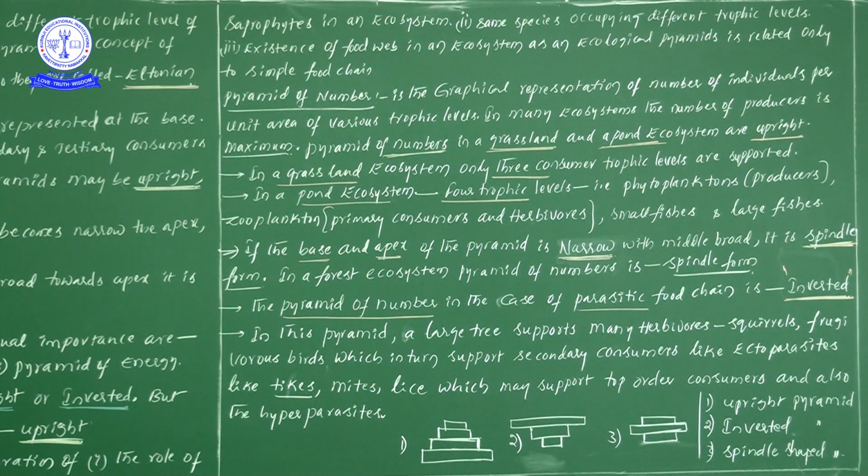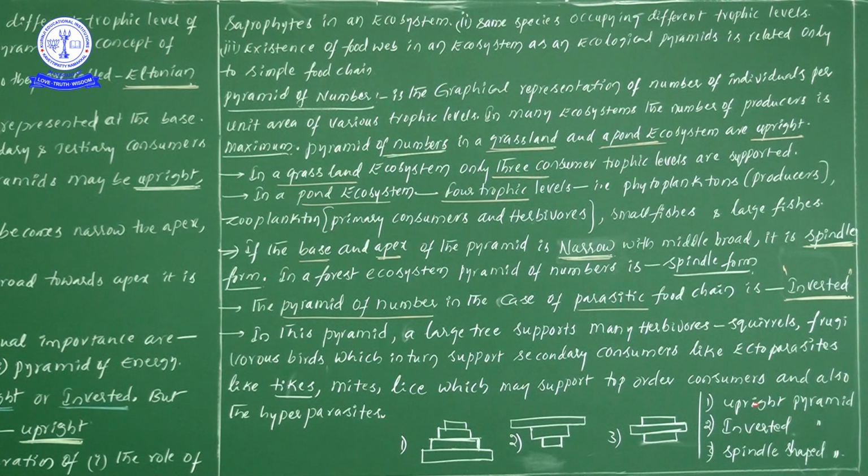Once you see that, the base of the pyramid is broad. Next, while moving towards the apex, it becomes narrow. Thereby this pyramid can be taken as upright.